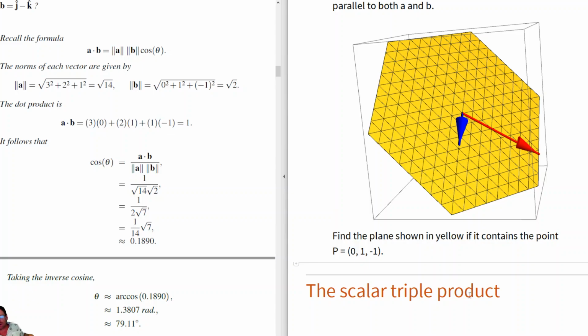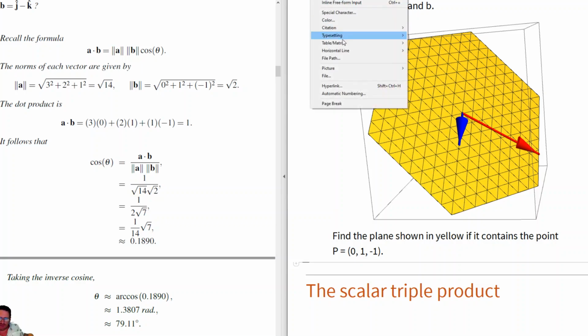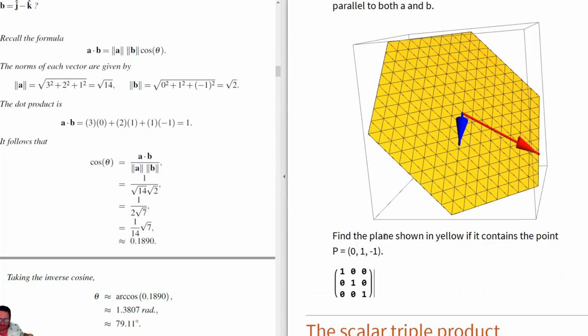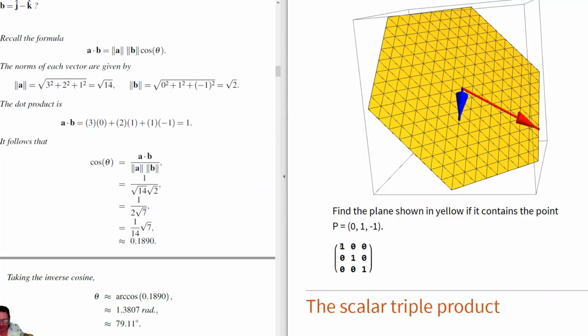So first, I want to calculate the cross product. Okay, so on my computer here, I'm going to insert a 3 by 3 matrix. Okay, now it's just got ones and zeros in it, but I'll change the entries. So in the top row, I want to put ijk.